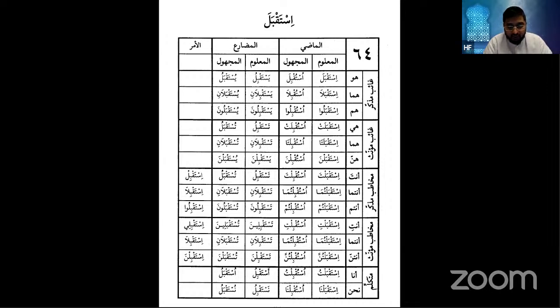So the root word is qabila. Qabila means to accept or to receive, or to agree. Now adding the alif sin ta gives the meaning of turning one's face, or going to meet someone, or confronting someone, or receiving.